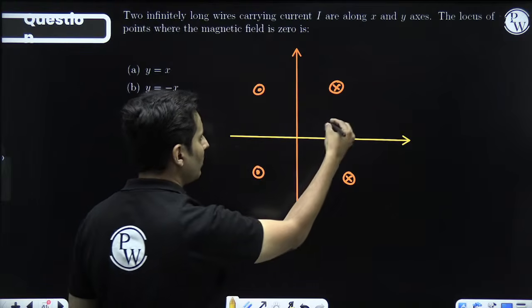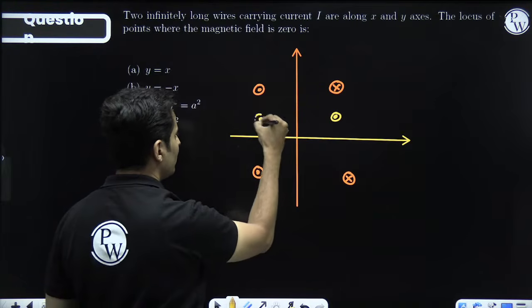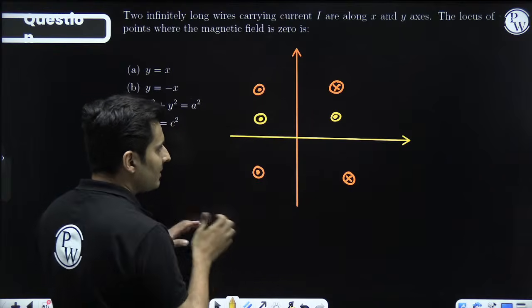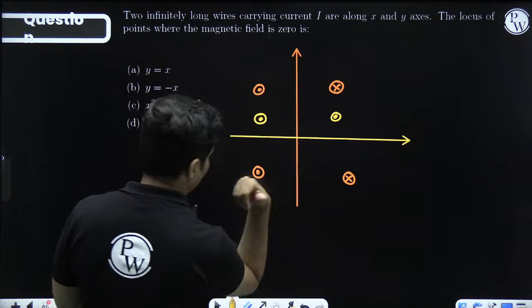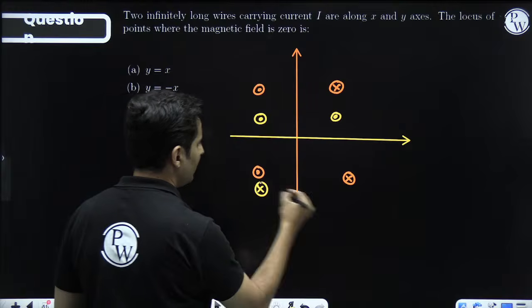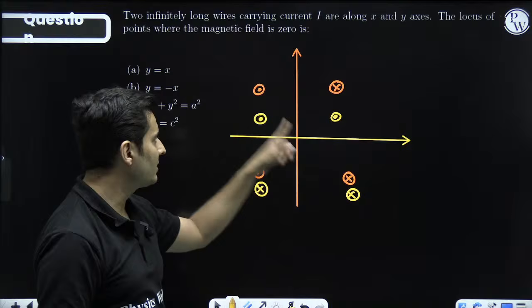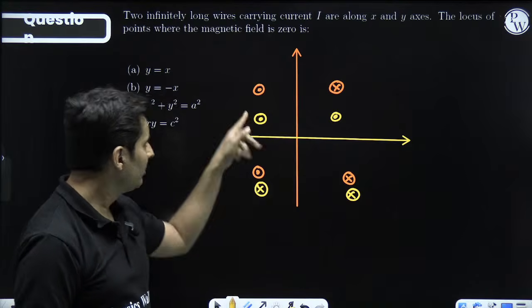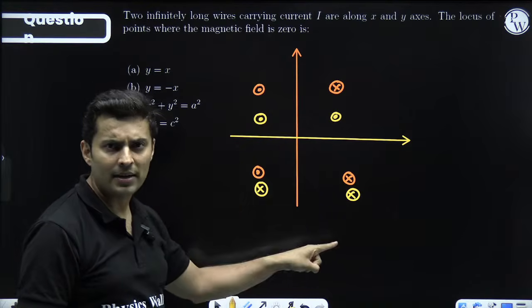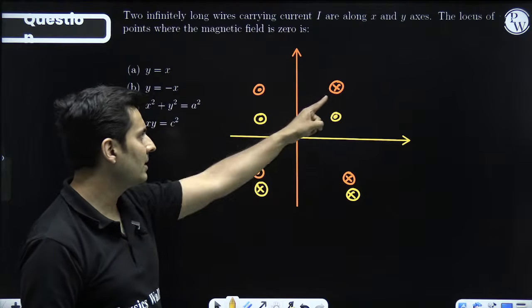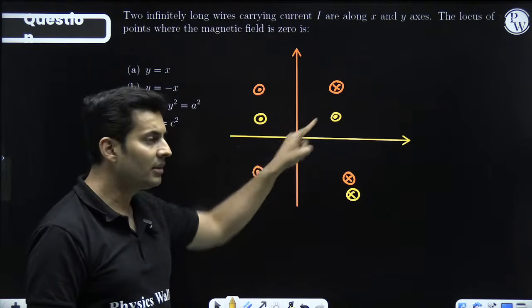So they will come outwards from here, and they will go down and go inside. So there is no chance that they will cancel out in the second or the third quadrant. Because the directions are the same, they will end up adding. But if they have to cancel, they will cancel either in the first or in the third quadrant.